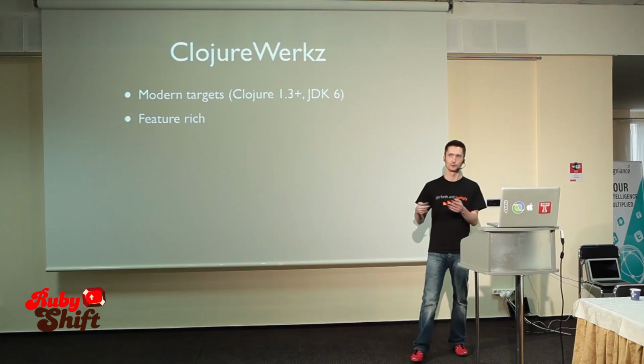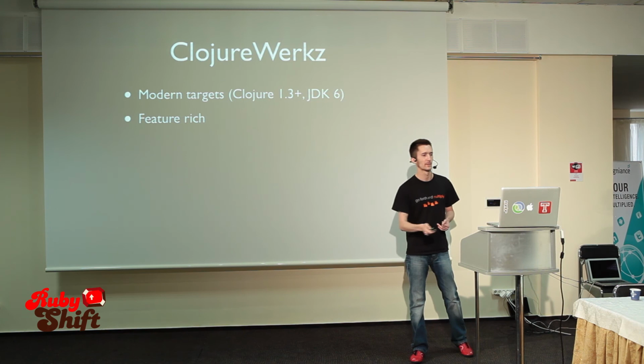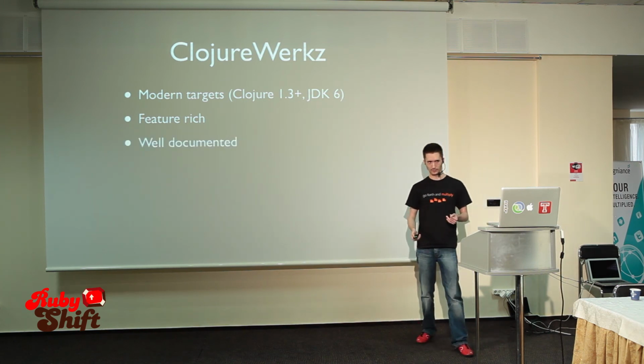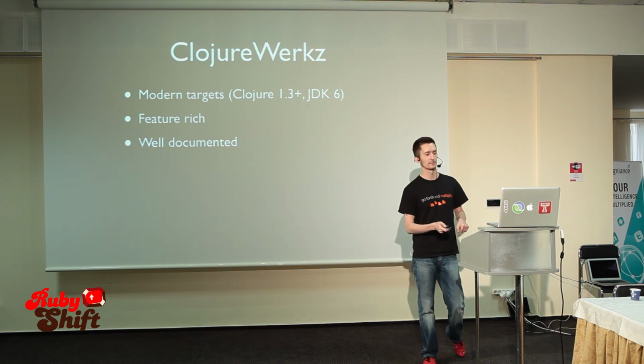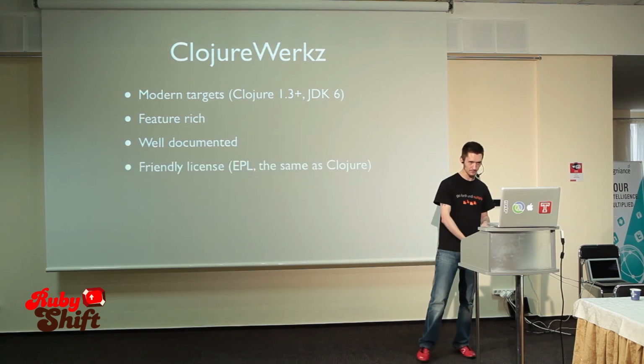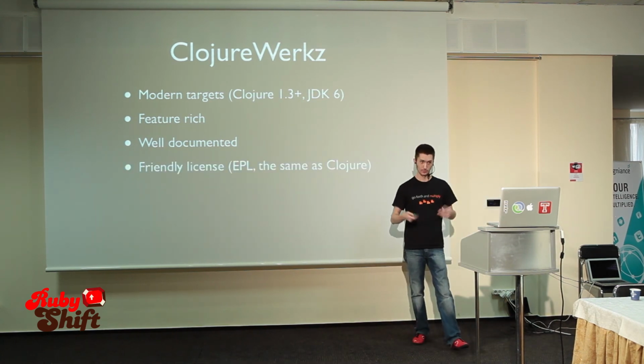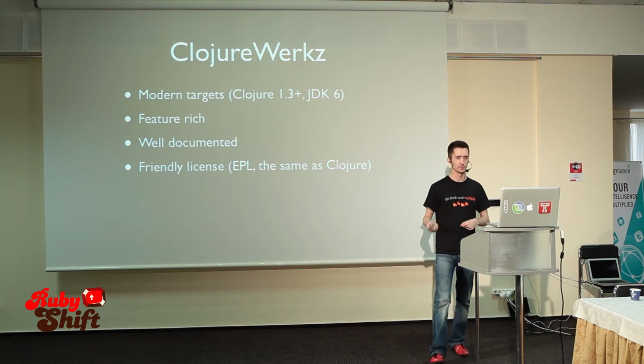We try to make libraries feature-rich, which means, for example, for our Elasticsearch client, there is only one feature it doesn't support, and that feature, I don't know anybody who uses it. Documentation is my favorite feature. We care about it a lot, so check it out. It was written for you, for users, or potential users.